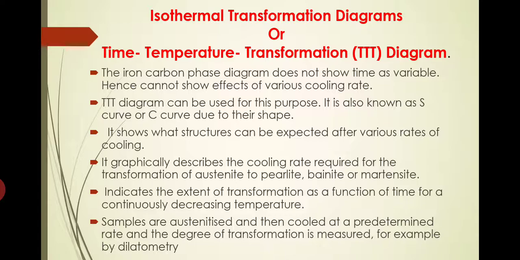These are the different forms available based on the cooling rate. If you provide enough time for cooling, or slow cooling, then usually we get pearlite. Otherwise, in medium cooling, we obtain bainite, and if it is much quicker cooling, then instead of converting austenite into pearlite and cementite, we directly get another structure, which is known as martensite.